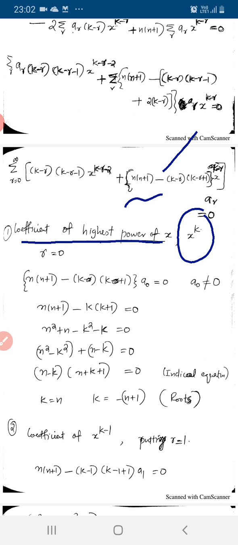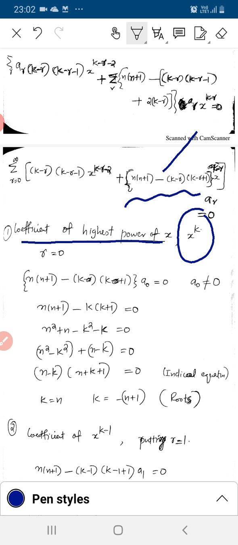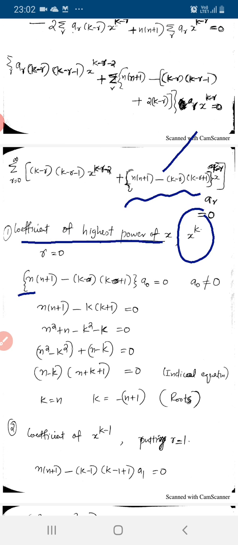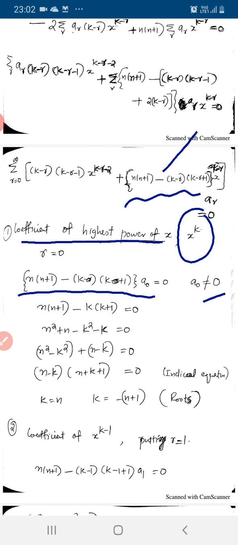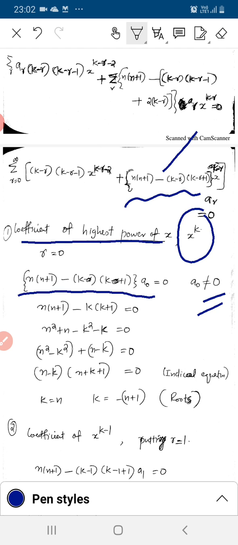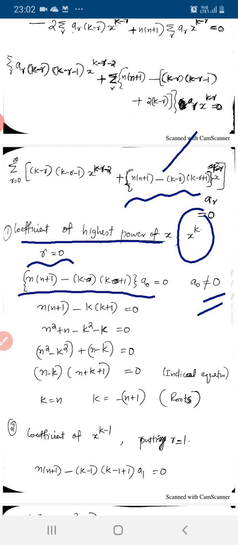This is the coefficient, and it is given by n into (n plus 1) minus k into (k plus 1), times a naught, equal to 0. A naught is not equal to 0, so this part has to be 0.